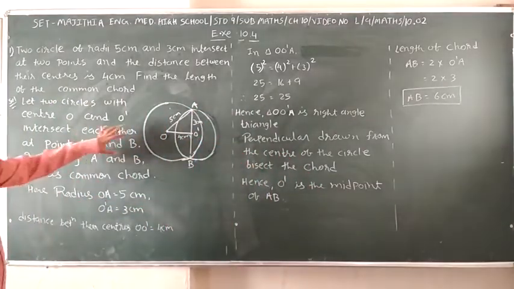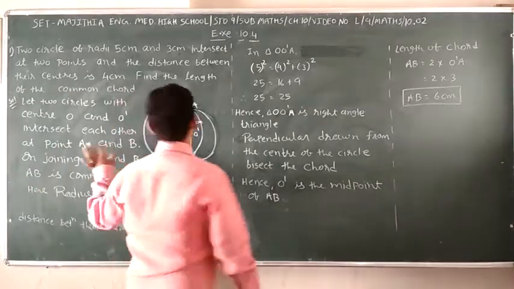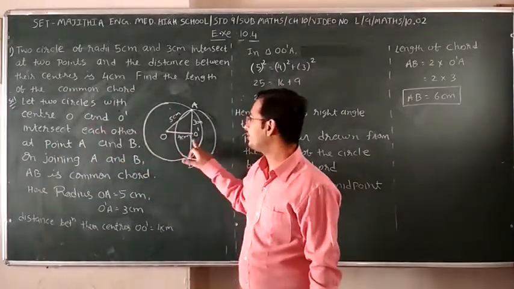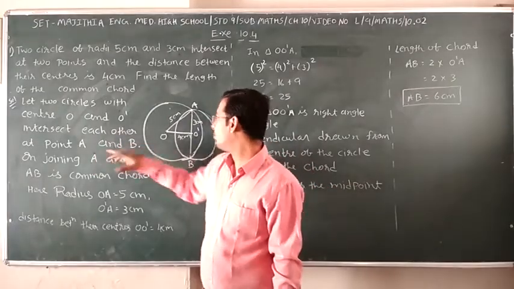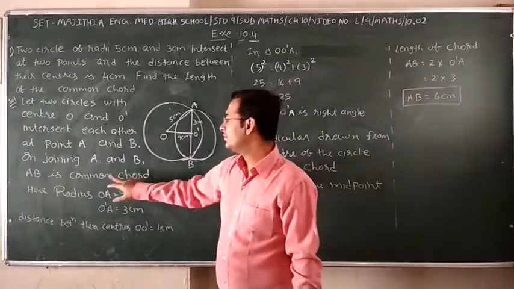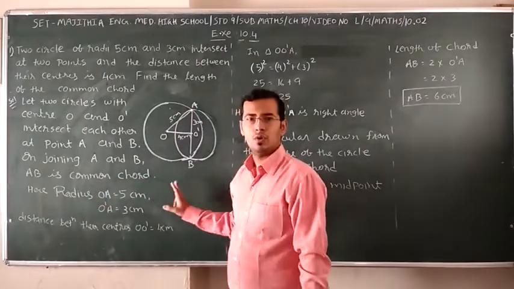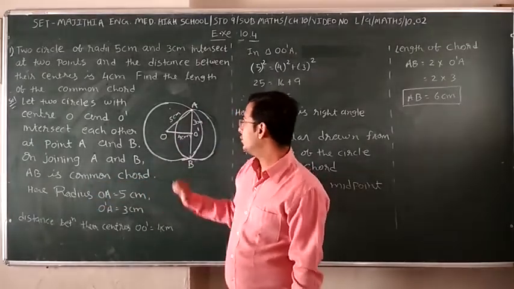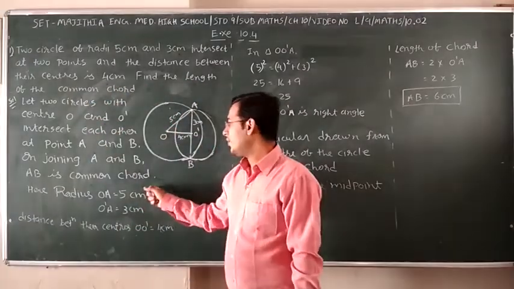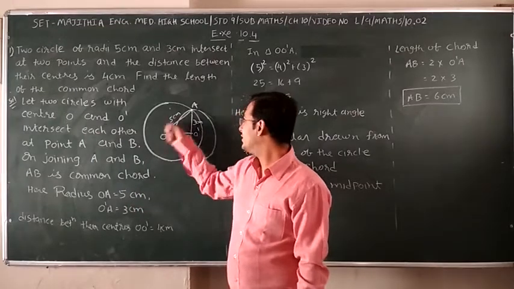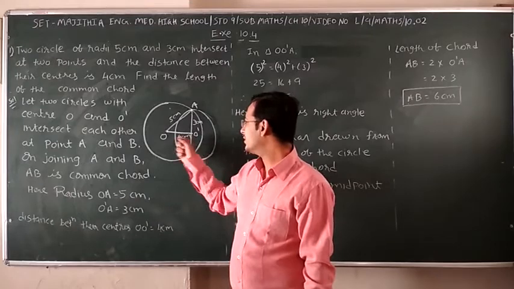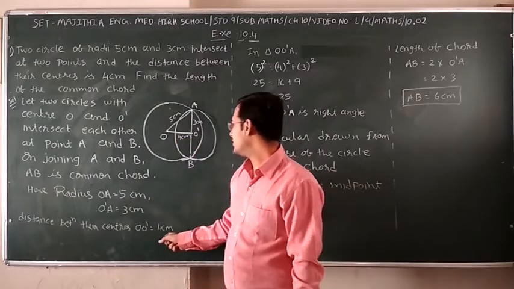So let me write: two circles with centers O and O dash intersect each other at points A and B. On joining A and B, AB is a common chord of both circles, because we have to find the length of the common chord. Here the radius OA is equal to 5, O dash A is 3, and the distance between the centers is 4 cm.